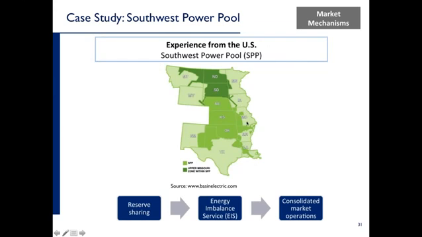The Southwest Power Pool started sort of down here. It's expanded significantly, so it's gotten larger. Most recently, it expanded to incorporate this dark green region. They started out as reserve sharing only. They went to an energy imbalance service, and then eventually went to a consolidated market operation.